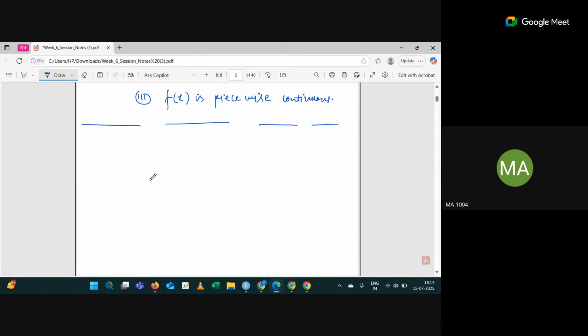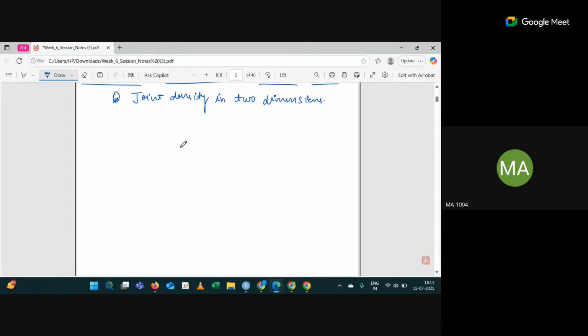Now we will see the joint density in 2 dimensions. Okay, so as I see, till week 4 you've seen just 1D. Now it's 2D, right? Now the first thing, I will write the technical definition.